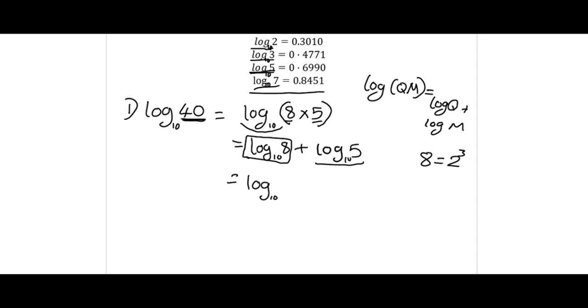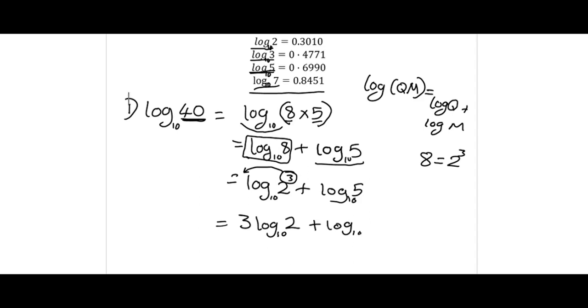So I'll replace it with log of 2 raised to the power of 3 plus log 5 in base 10. And remember what the law says. A law in logarithm says that the power of a number can be used to multiply the logarithm. So my 3, as the power of the 2, will come in front of my logarithm, and the rest still remain the same.